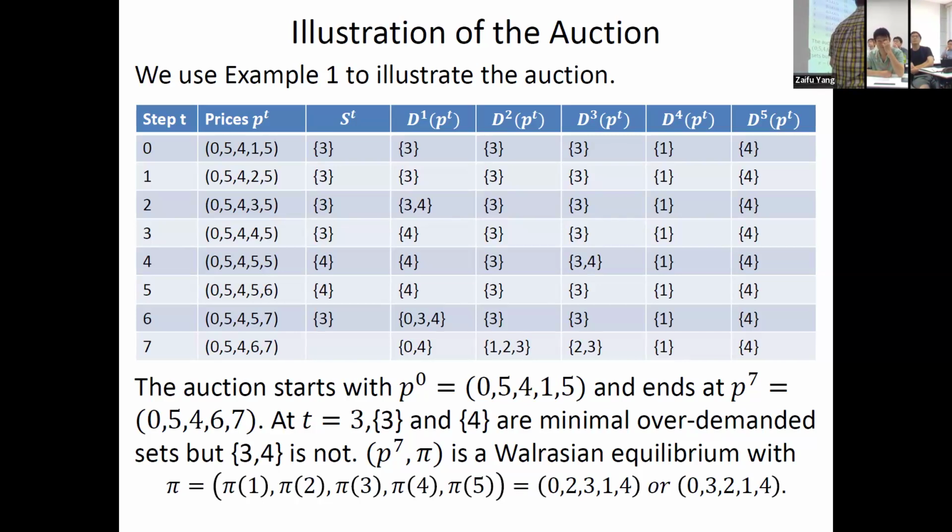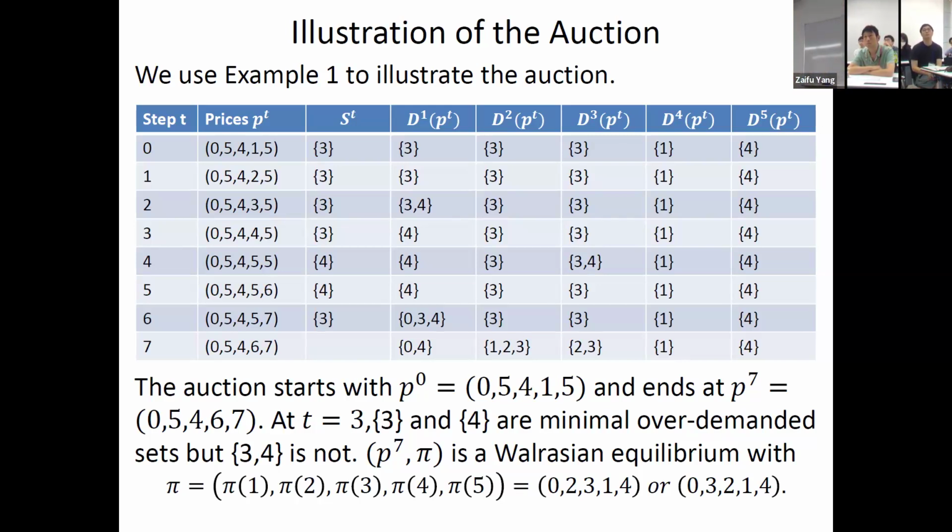If I delete 4, then 3 is indeed minimal. Look, 3 is still over-demanded, right?